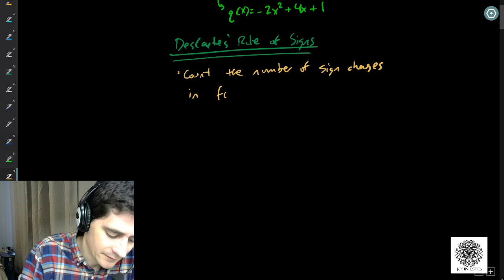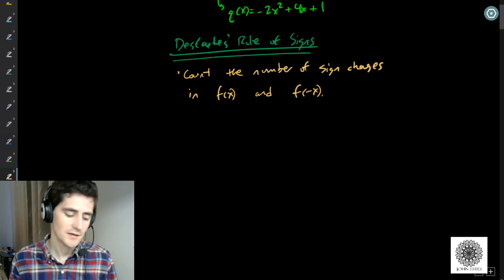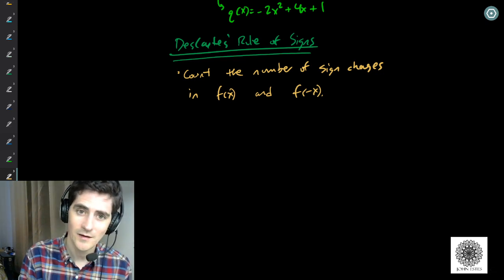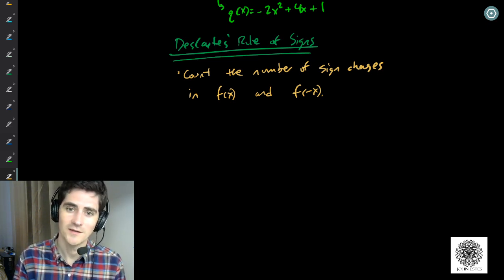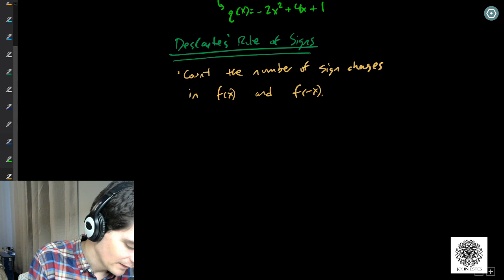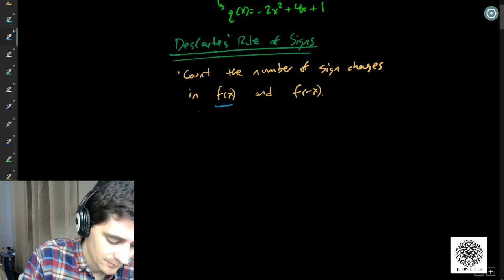And we'll say f of x, and then f of negative x. We'll plug in x into f of x, count the number of sign changes. Then plug in negative x in f of x and count the number of sign changes. And the first one, f of x, will tell me the number of positive roots.